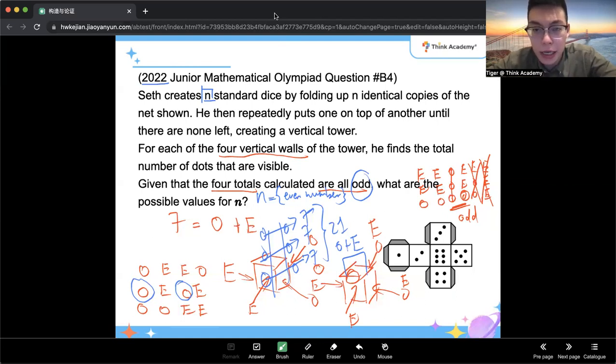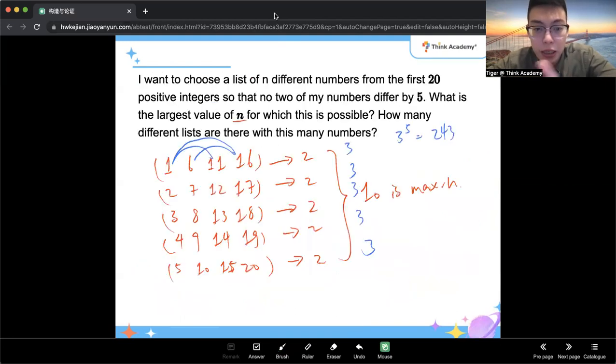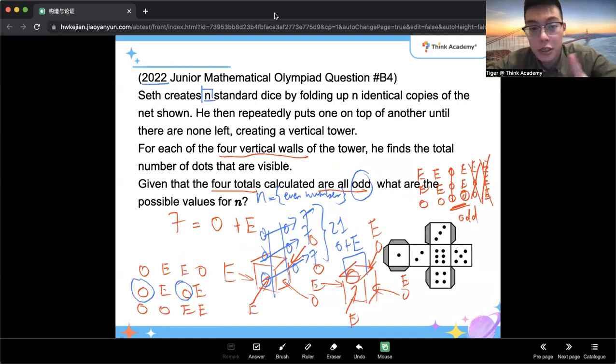So basically you can see in the previous question, the framework is to put numbers which are 5 away from each other into groups. In this one, we are putting all the scenarios of n into 2 groups, odd or even, right?